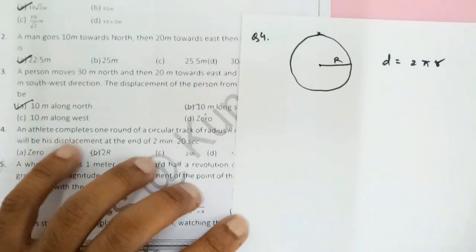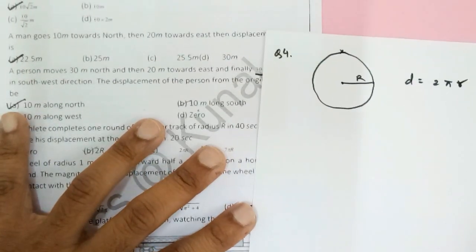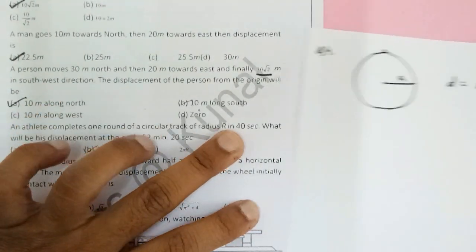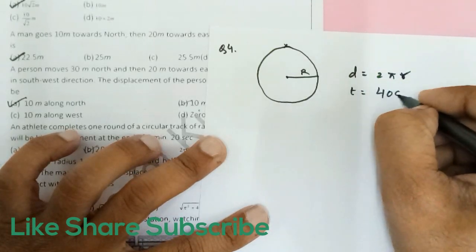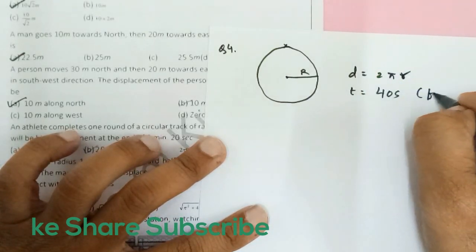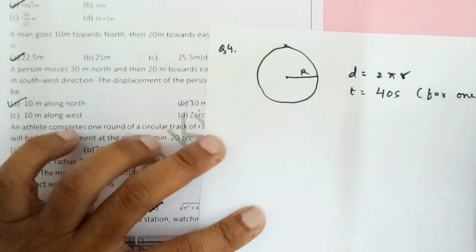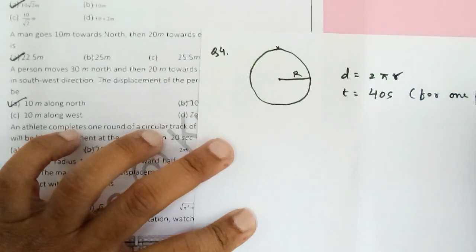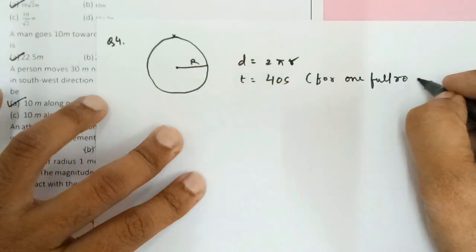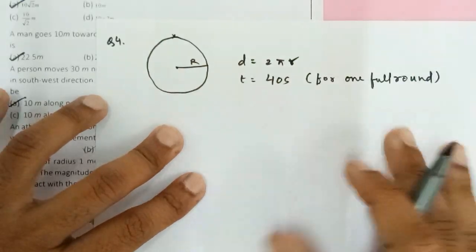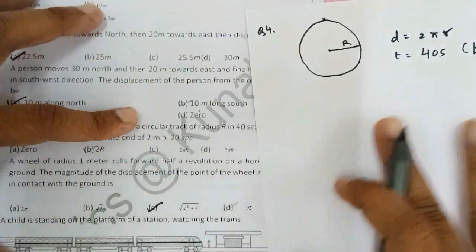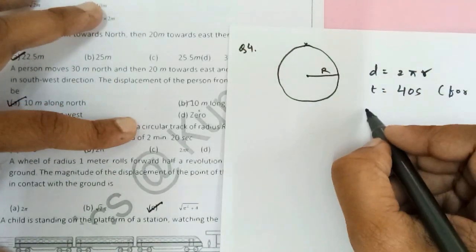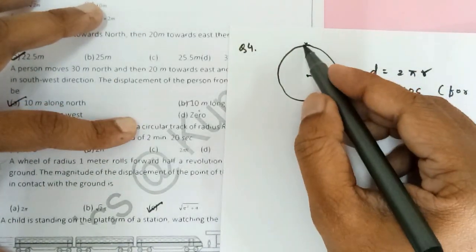Okay, and radius is capital R in 40 seconds. So time taken is 40 seconds for one full round. Now the time taken, they are telling us the athlete is running from here.